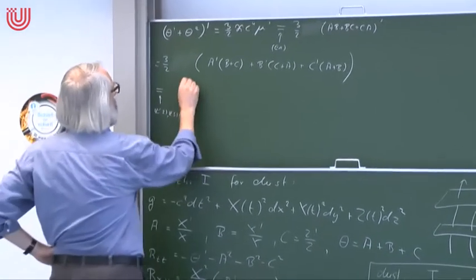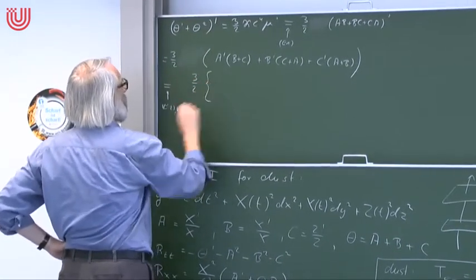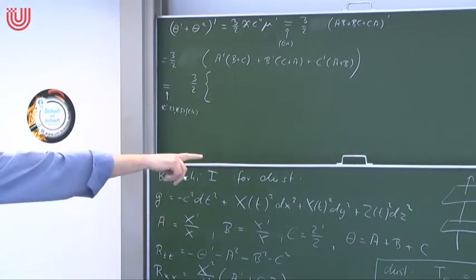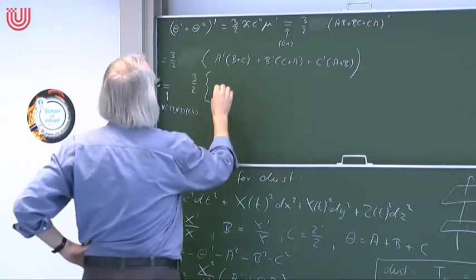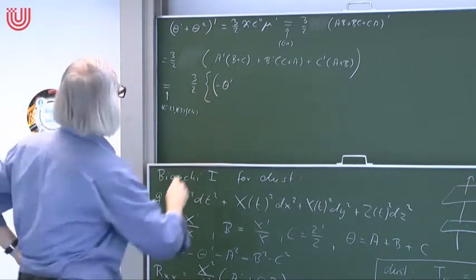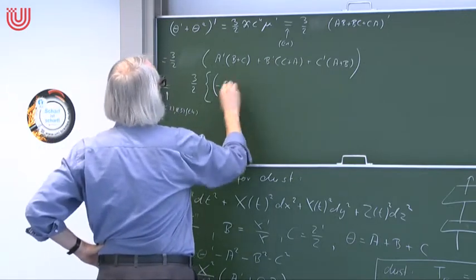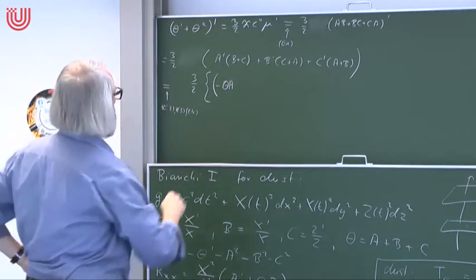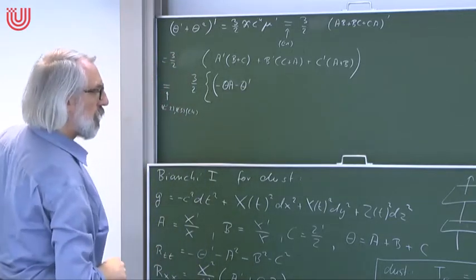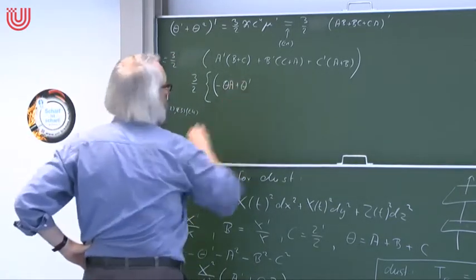So for a moment it will become a little bit long, but it will become short very soon. So A prime is minus theta A, minus theta prime, no, plus theta prime, I put it to the other side, right?